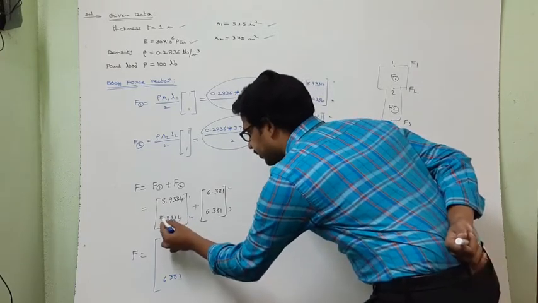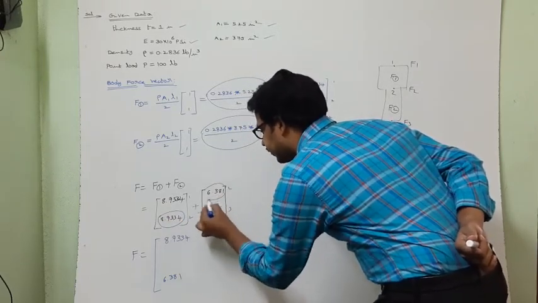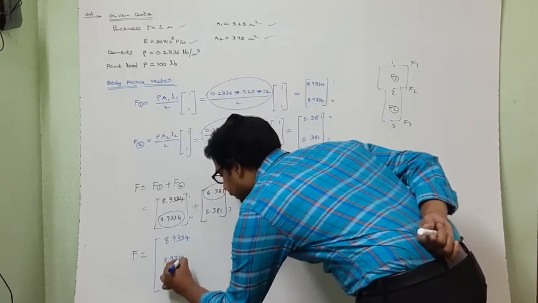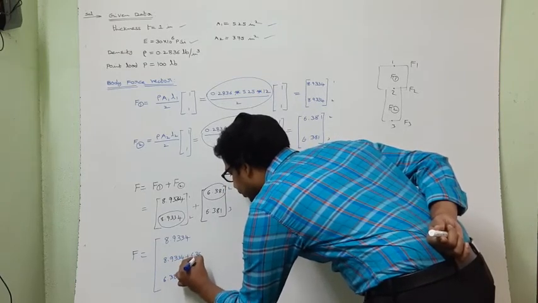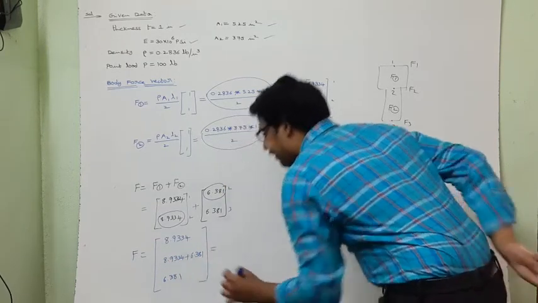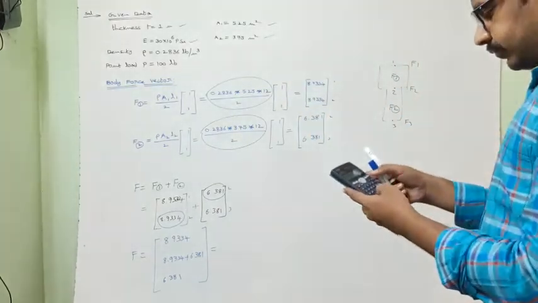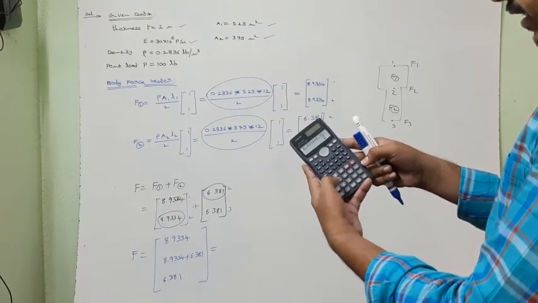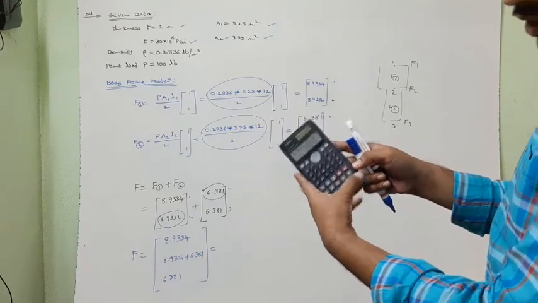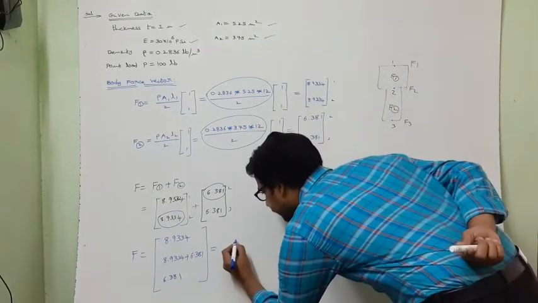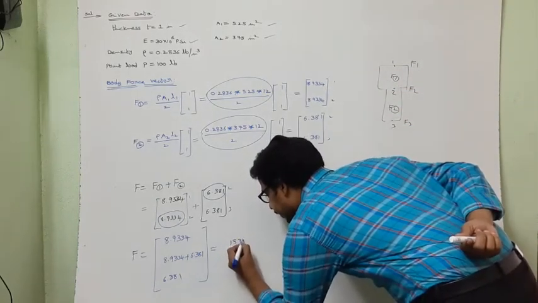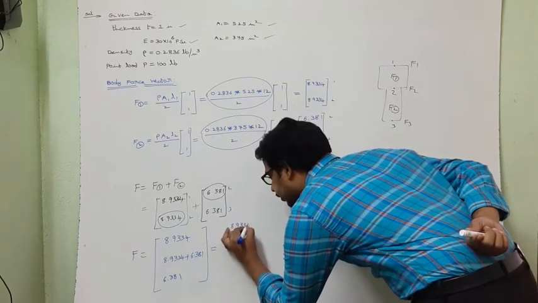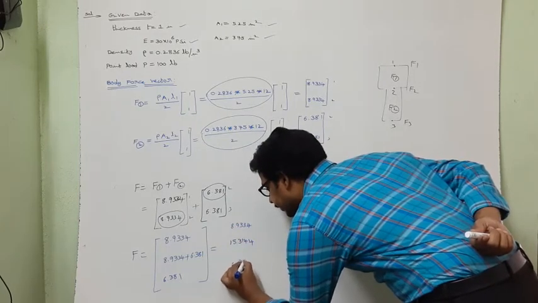Here the common node value is 8.9334 plus 6.381, that equals 15.3144. So F is 8.9334, 15.3144, and 6.381.